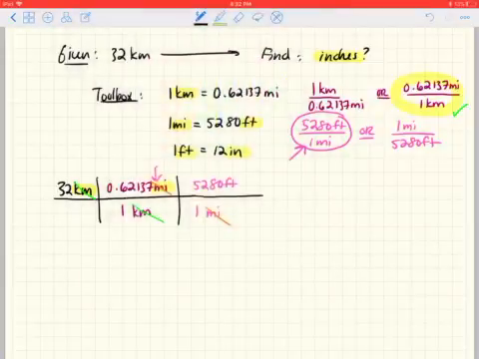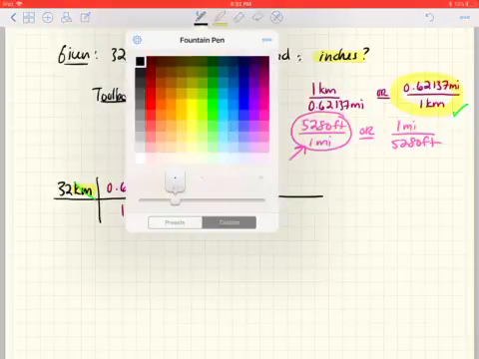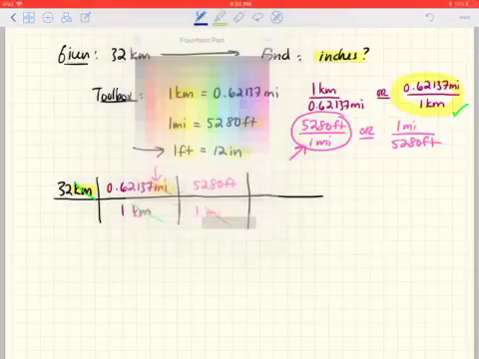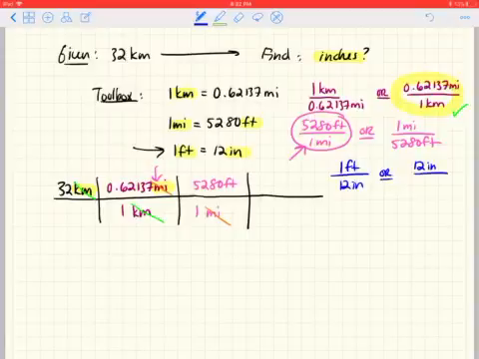So last part, I am 1 step closer to my final answer. The third conversion factor is going to be the last one that I use. So again, I'm going to set this up again. I could have 1 foot over 12 inches, or I can reverse it and have 12 inches over 1 foot.